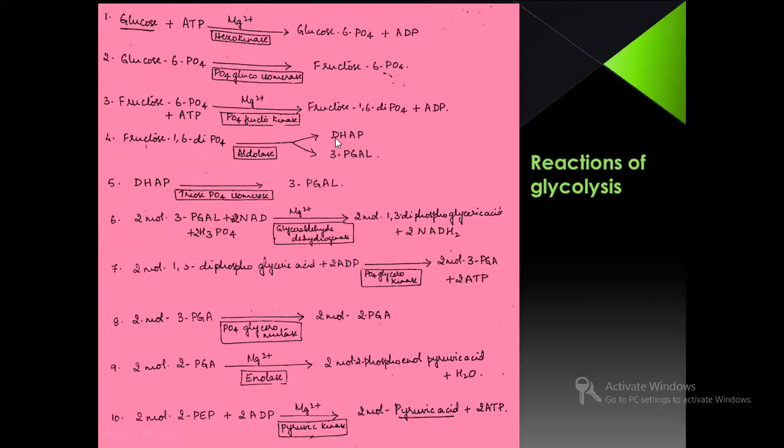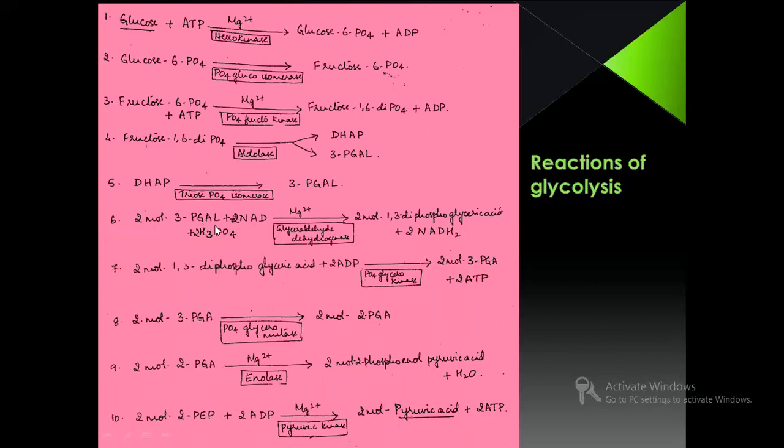Now this dihydroxyacetone phosphate isomerizes into a molecule of 3-PGAL in the presence of an enzyme referred as triose phosphate isomerase. So now you have totally 2 molecules of 3-phosphoglyceraldehyde, right?